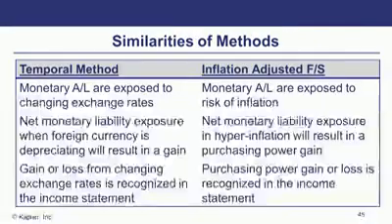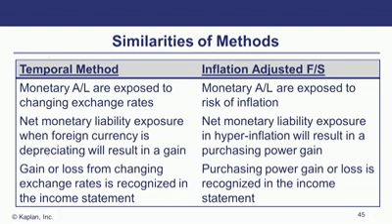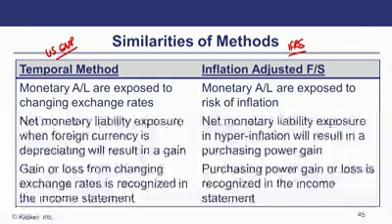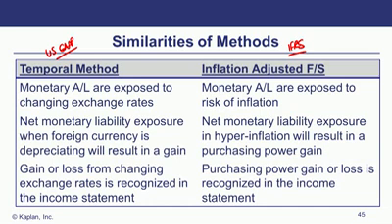Now this just compares the temporal method, i.e. US GAAP method, to the International Financial Reporting Standards method. Now what it's really designed to identify is, whilst they're using totally different methodology, overall they give you a rather similar result.